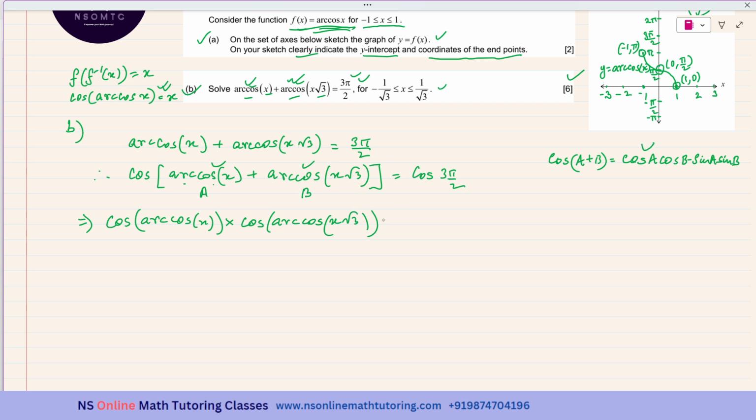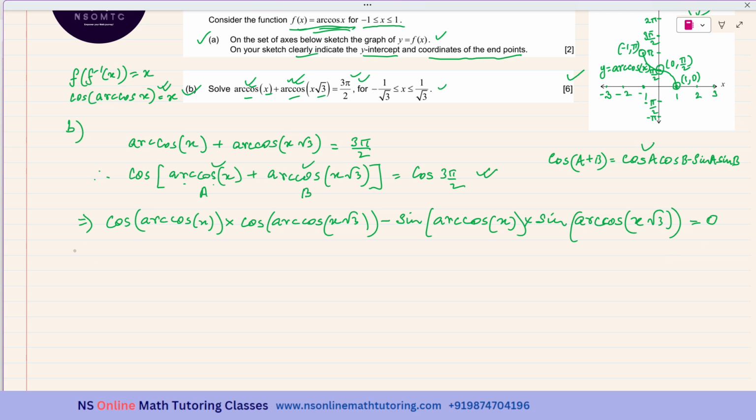Then there is the minus sign and sine A, so sine of arccos of x times sine of arccos of x root 3. And cos 3 pi over 2 is equal to 0, so this should be equal to 0.